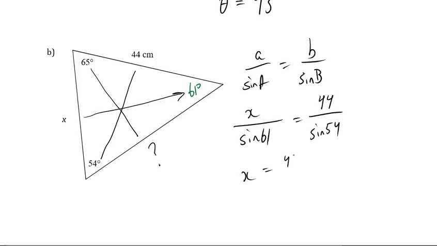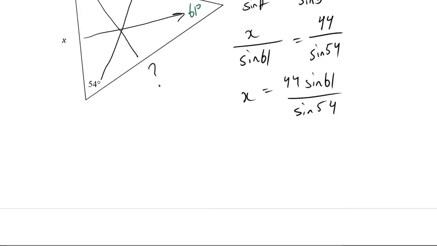One step to rearrange. If you look at both of these, it's sine 61, sine 54. There's no shift sine for this. It's just directly sine. And you end up with approximately 47.6. If you round properly, it's 47.56, so you round up to 47.6. Any questions?